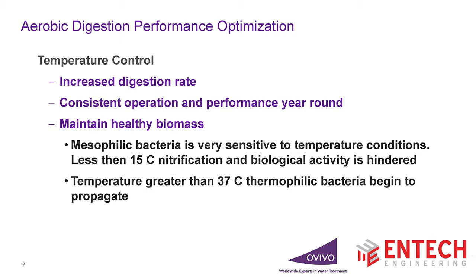So temperature control, it's about increasing the digestion rate. So again, we're going to destroy more of the solids, have less to manage. Gives us consistent operation year round. So we become much less dependent upon the ambient temperature in terms of managing the process. Allows us to maintain a healthy biomass.